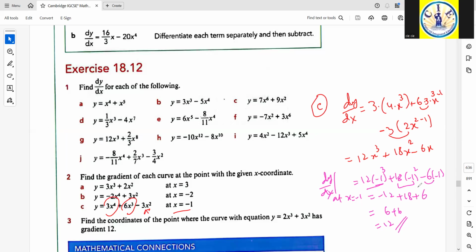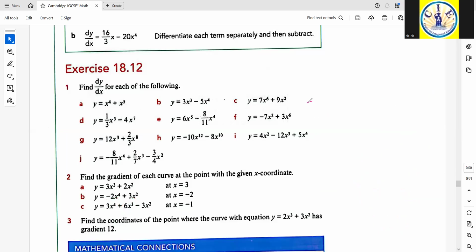Now, the third question, find the coordinates of the point where the curve with equation this has gradient 12. This is how we did the last question of exercise 18.11 as well. So we would write dy by dx, and on the right side this is d by dx of 2x cubed plus d by dx of 3x square. 2 as it is, bringing this 3 at the beginning, and then x raised to the power 3 minus 1.